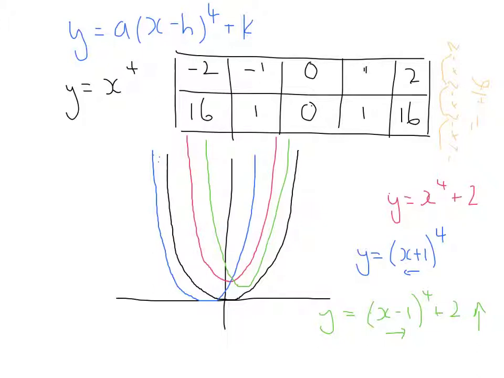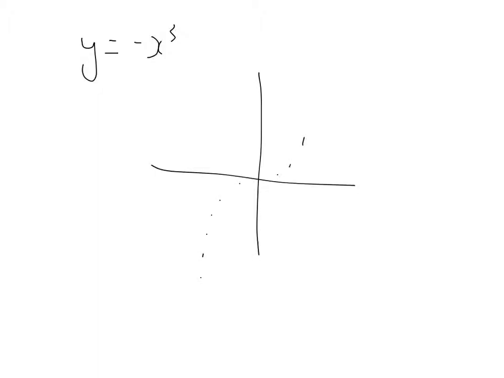Okay, and the rule with both of these again, if we were to have a graph of y equals negative x cubed, so go back to the cubics for a minute, if you remember the original cubic graph went like that, then the negative cubic graph would be inverted, flipped upside down.